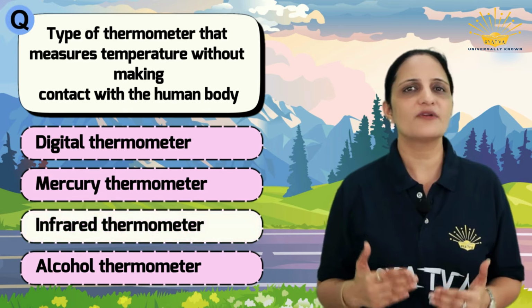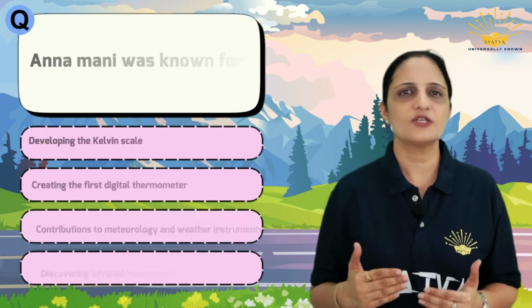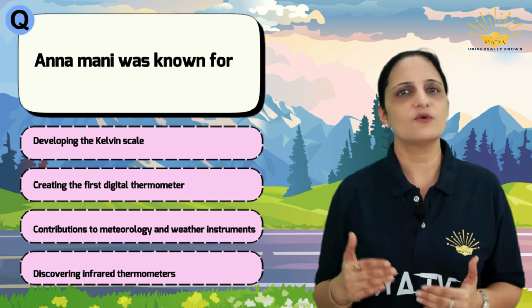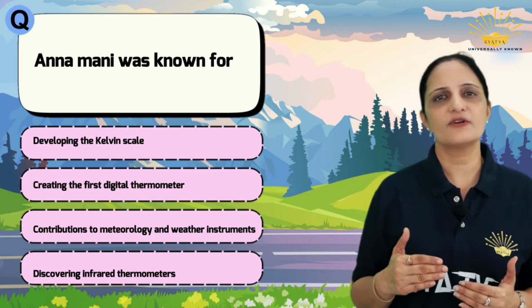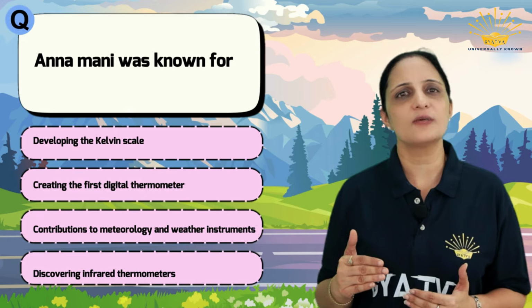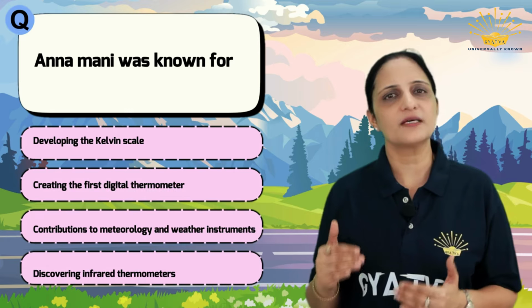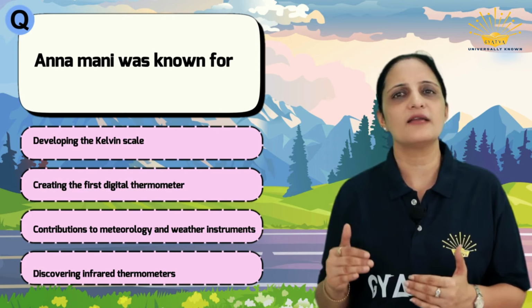That is the infrared thermometer. So that is option C. Question number 23. Anna Mani was known for developing the Kelvin scale, creating the first digital thermometer, contribution to meteorology and weather instruments, or discovering infrared thermometers. She was known for her contributions to meteorology and weather instruments.